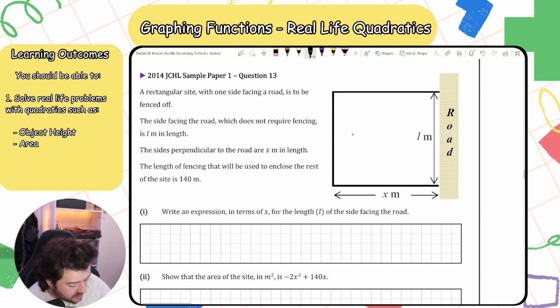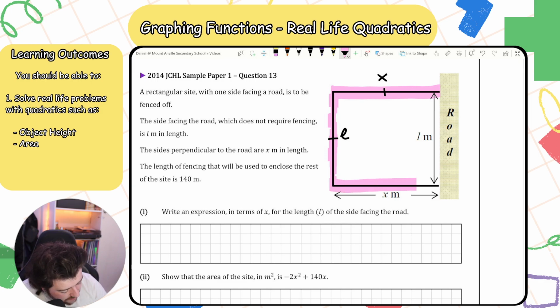So that's L. Therefore, the sides perpendicular to the road are x meters in length. The length of the fencing that would be used to enclose the rest of the site is 140. Write an expression in terms of x for the length of the side facing the road. So let's fill in things I know here. I'm dealing with a rectangle, so the opposite sides are equal, so that's going to be x, and this is going to be equal to L. And what I know is the entire fencing we need is only equal to 140.